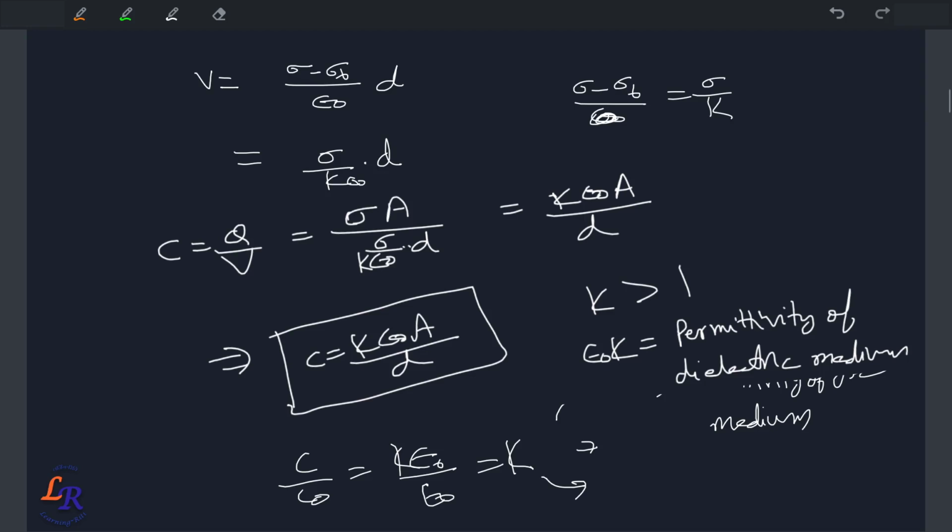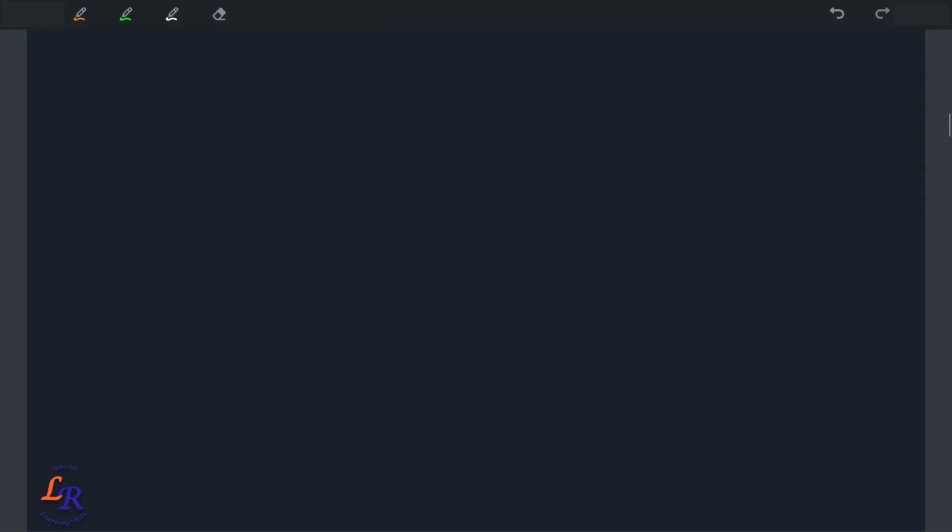So one important aspect, which we discussed, is where we are bringing this sigma minus sigma b bound charge concept. You remember when we were discussing the dielectric slab earlier, we were taking in the electric field the polarization as having sigma b, minus sigma b depending upon the charge orientation, right? So here we define the polarization P, which is the dipole moment per unit volume.